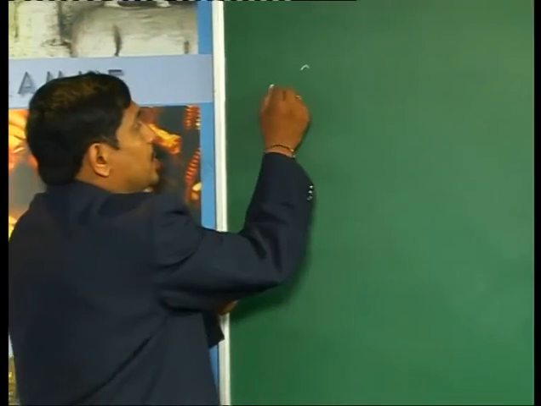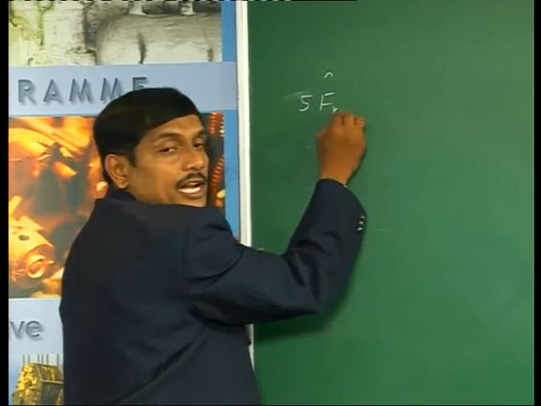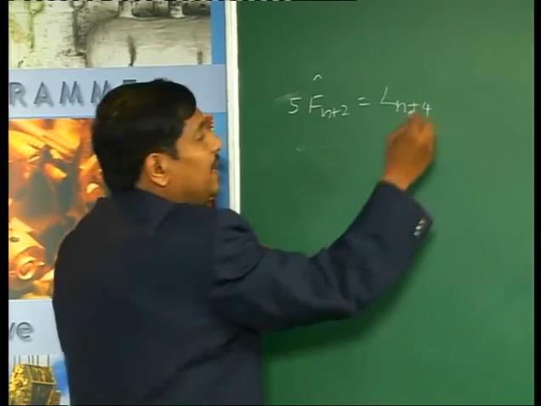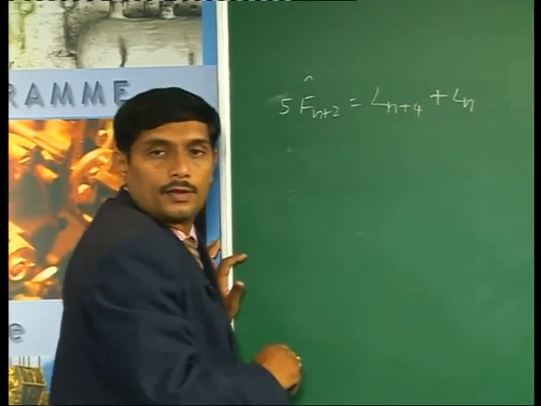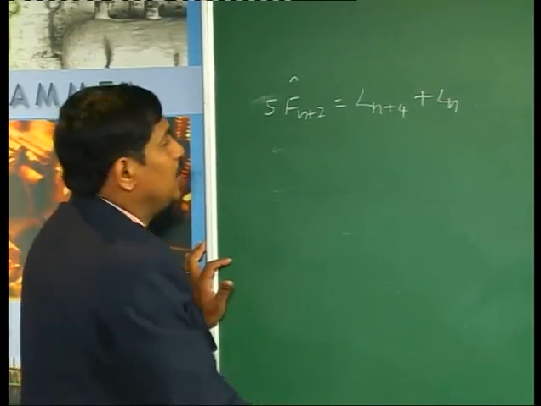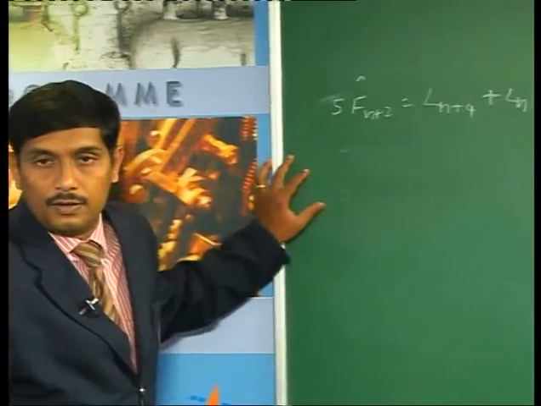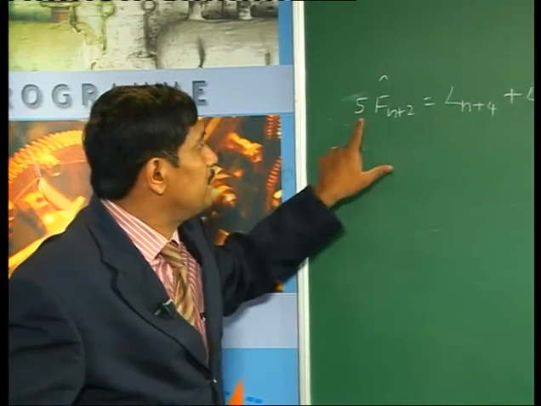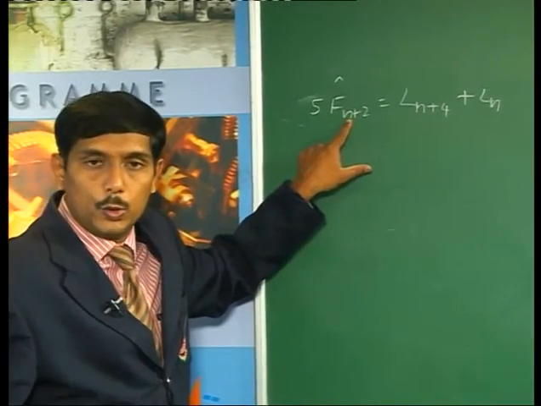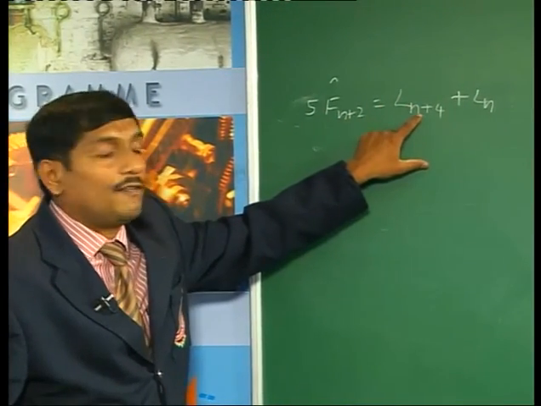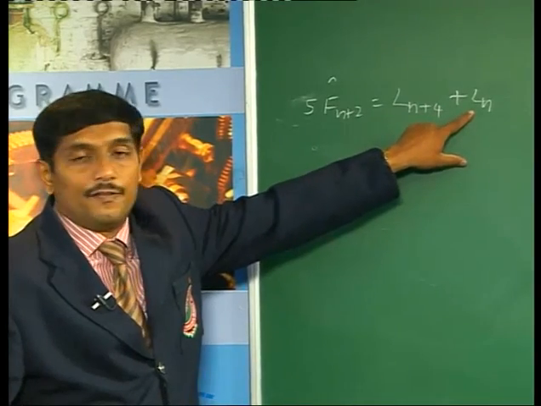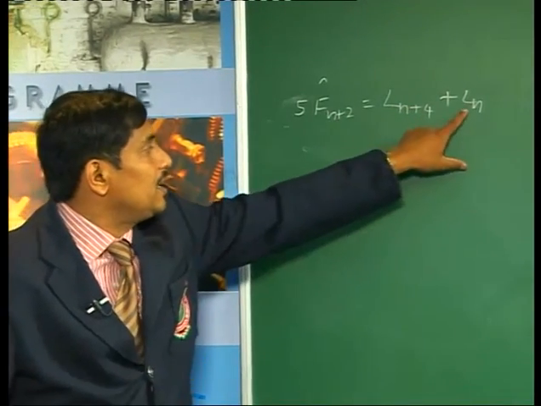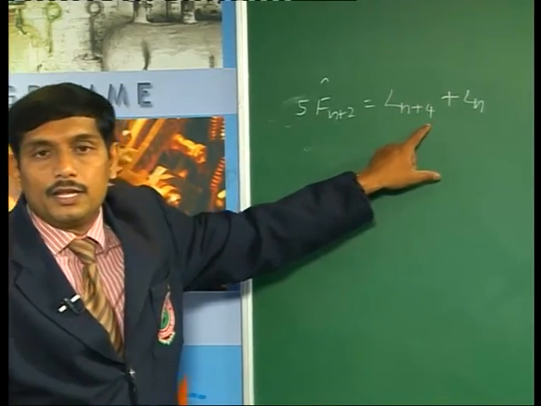The formula is 5 times F of n plus 2 equals L of n plus 4 plus Ln. Putting n equals 0, this becomes 5 times F2, and here L4 and L0 will be there.